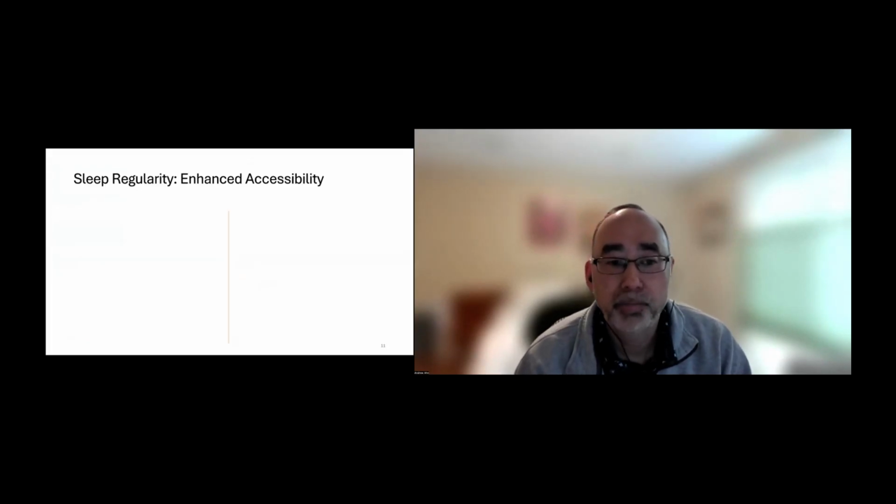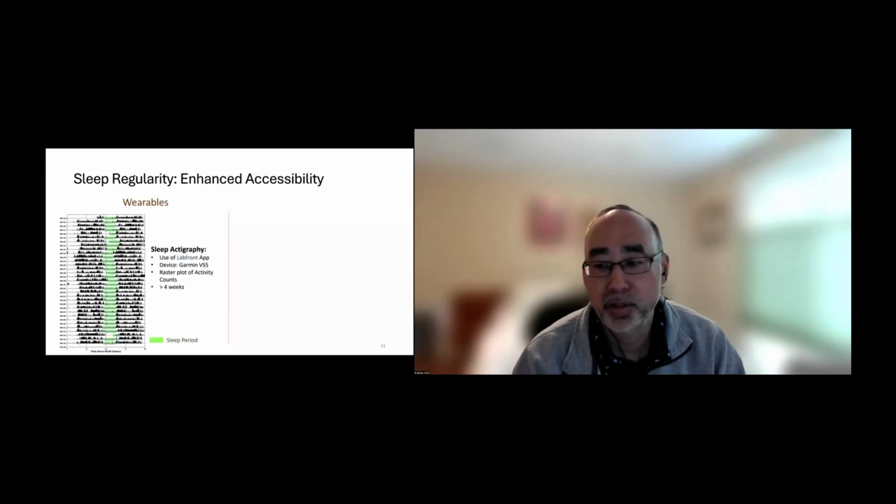The other additional component for why sleep regularity has become popularized is because it's actually become much more accessible. And that has to do a little bit with the wearables that are enabling this. And this is actually the data that we generate through our LabFront app and incorporating our Garmin Vivosmart 5. And this shows a raster plot of an individual over a span of about 4 weeks.